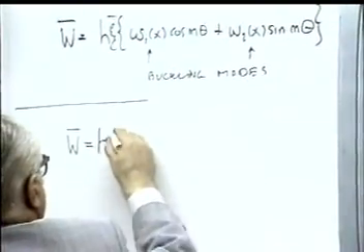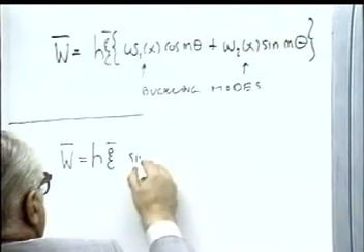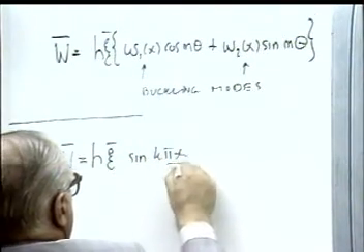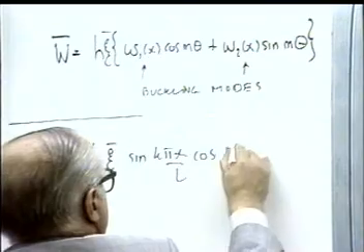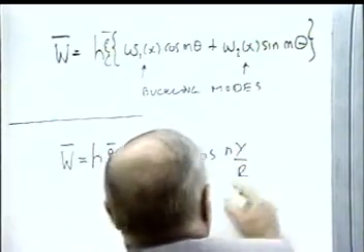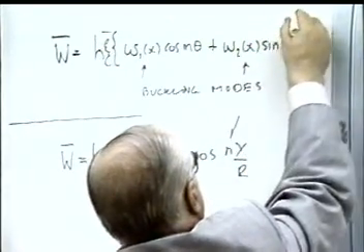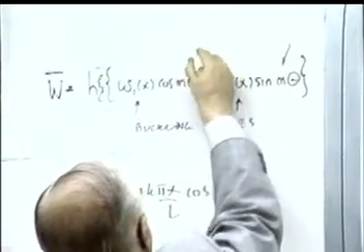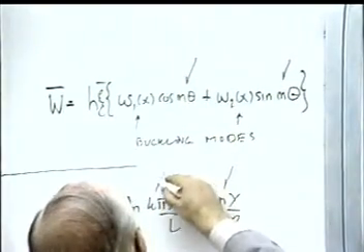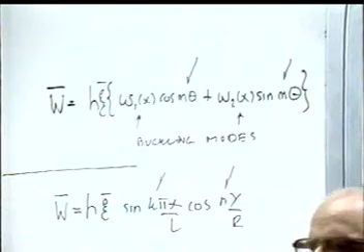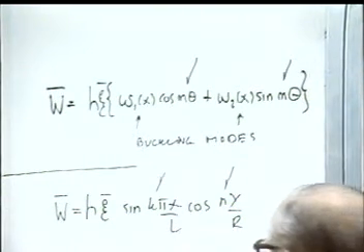H C bar sine k pi x over L cosine n y over r, where this is an integer denoting the number of full waves, and here this is also an integer denoting the number of half waves in the axial direction.